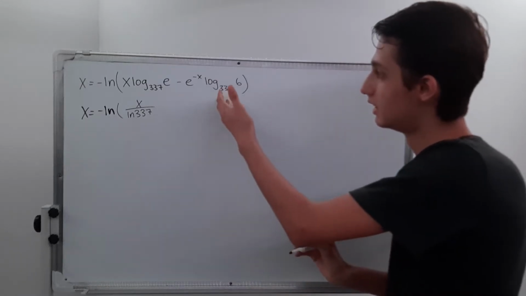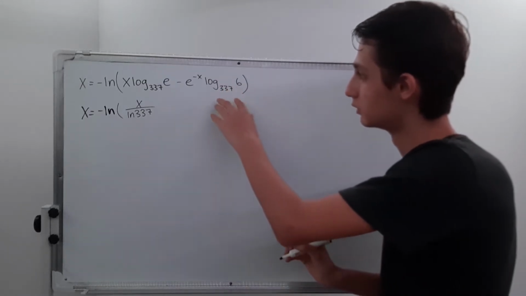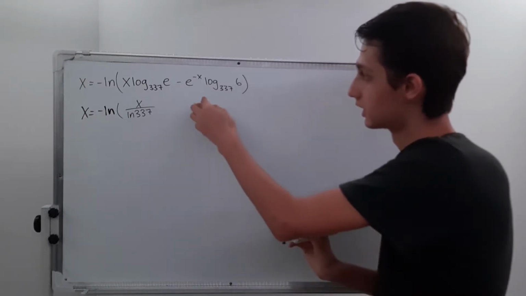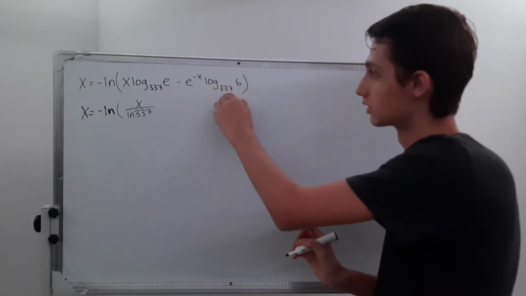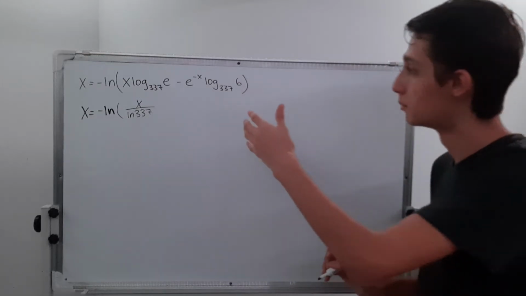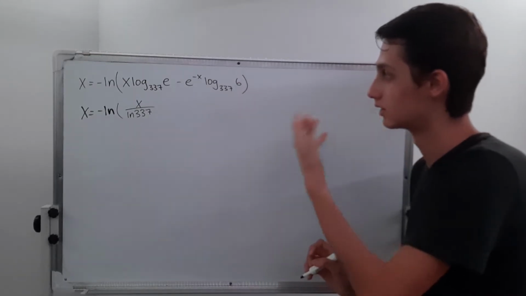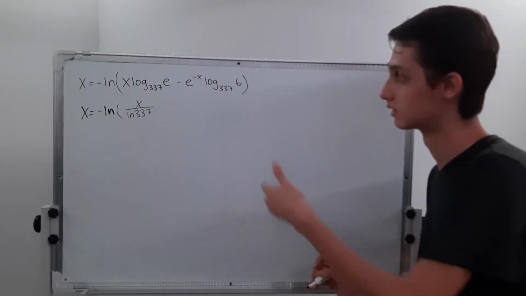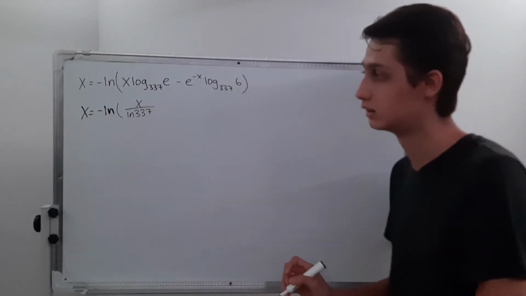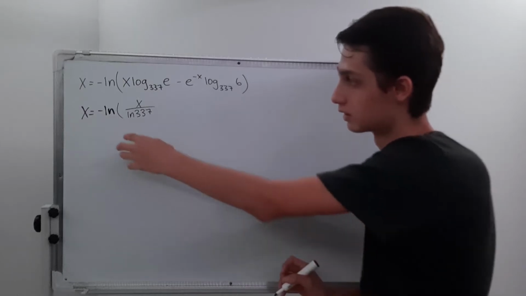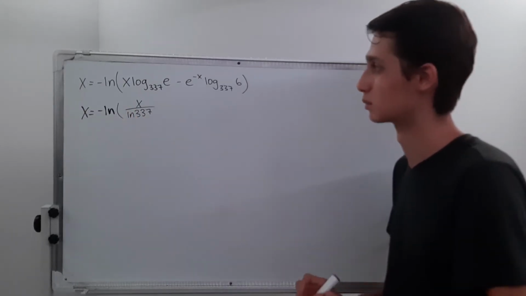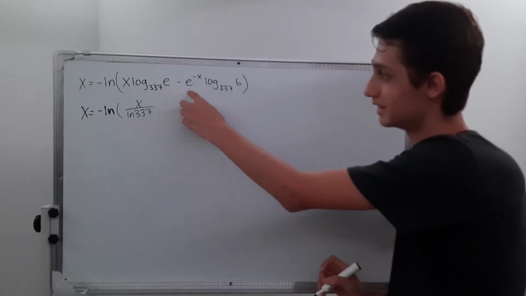And then here we can't really do too much. Well, actually, we can say this is log of 6 over log of 337, but because it's the change of base formula, we can use any logarithm. We can say it's log base e, and I think using ln is going to be beneficial for us because we have ln's here and here, and overall I think it just works best since we also have e's everywhere.